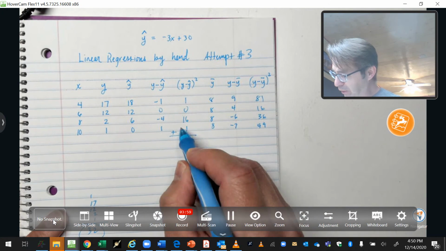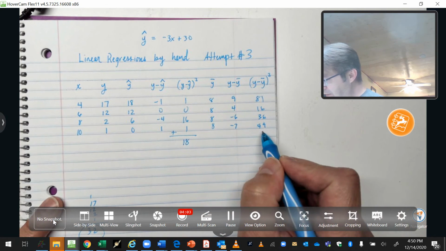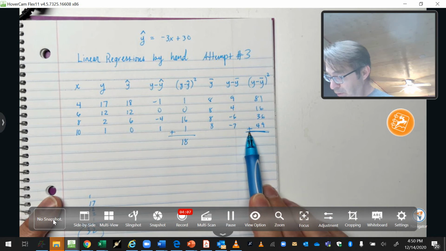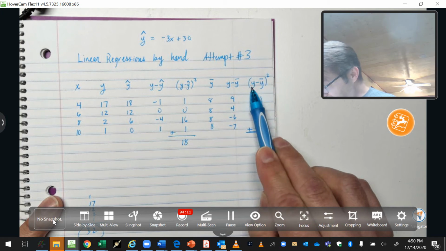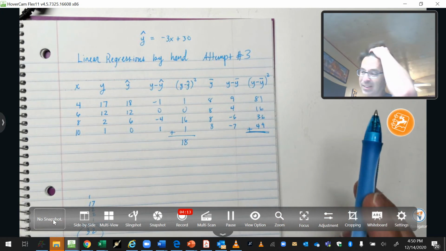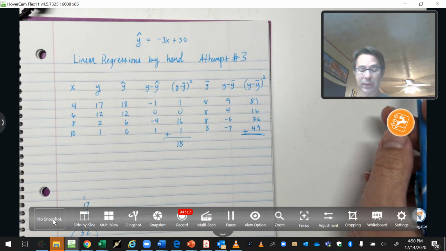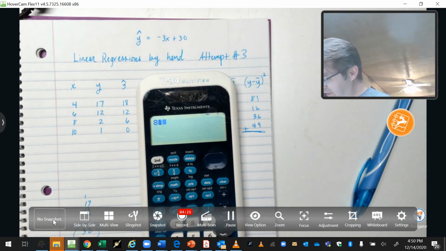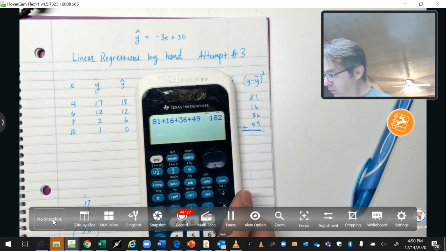It's a mouthful, I know. 18. And I'm about to find the sum of the squares of the deviations. Okay, apparently I'm going to use a calculator. 81 plus 16 plus 36 plus 49 equals 182.